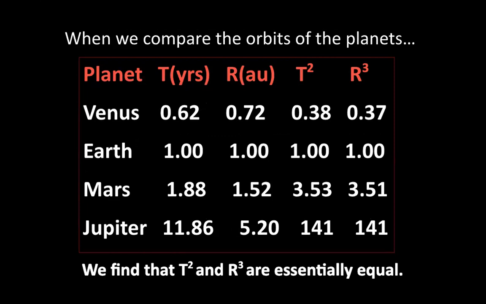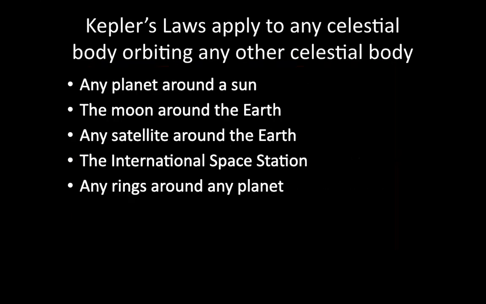So up here, this is the orbits of the planets. And if you look at them, a lot of them are pretty close. They're pretty equal. So Kepler's laws apply to any celestial body that orbits any other celestial body.